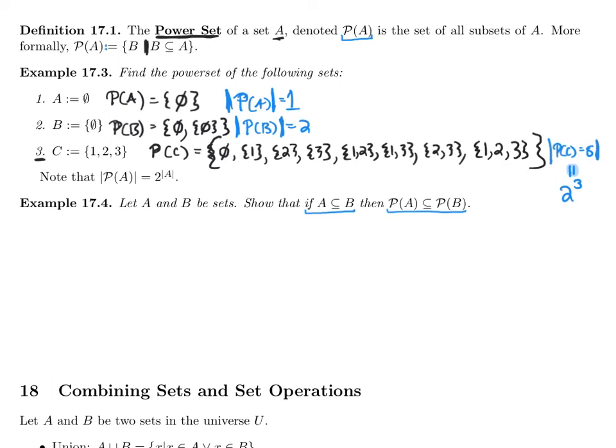So we're going to do this directly. I'll start it off anyway. We're going to do a proof, and we're going to assume that A is indeed a subset of B. So if, say, x is an element of A, then x is also an element of B. So that's what we know.